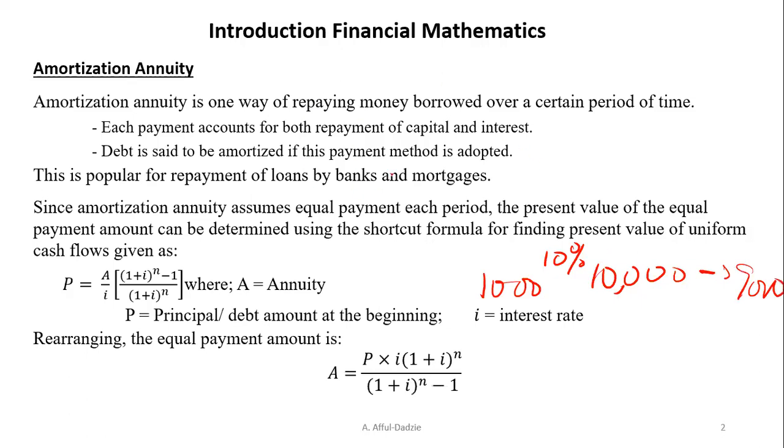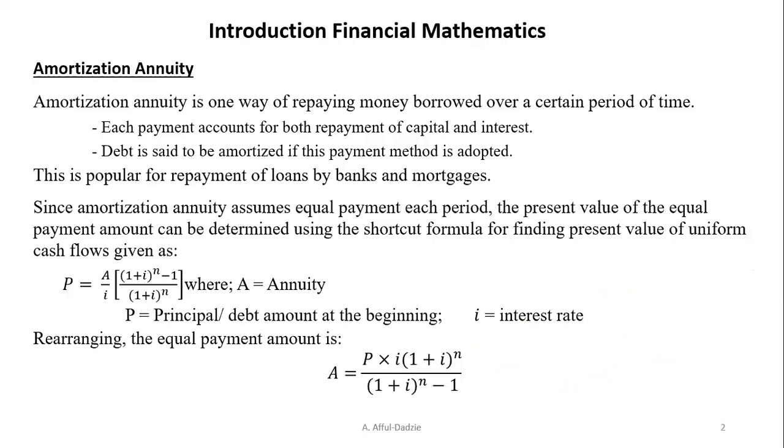In the idea of amortization, the first thing that happens is that the 10% is calculated on the 1,000 cedis you pay every month. So 10% of 1,000 cedis is 100 cedis. In actual sense, only 900 cedis goes towards the principal you have taken as loan, and 100 cedis is taken out as interest. That's how amortized loan payments are done. The debt is said to be amortized if this payment method is adopted.